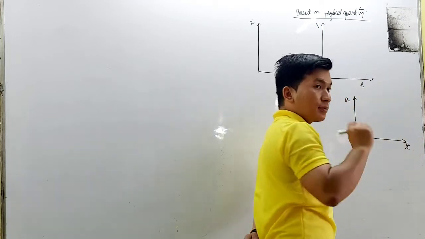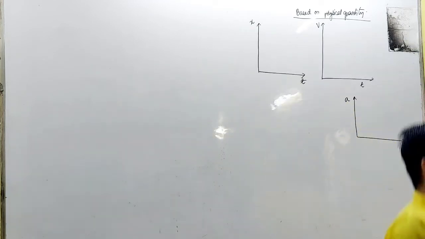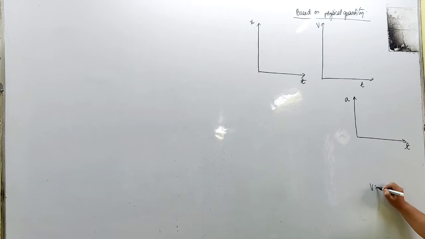Do you understand this one? In our equations we have initial velocity as a parameter, acceleration, time, and displacement. Velocity may be initial or final.